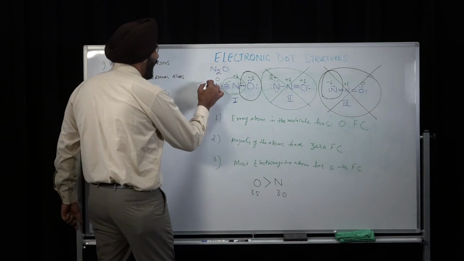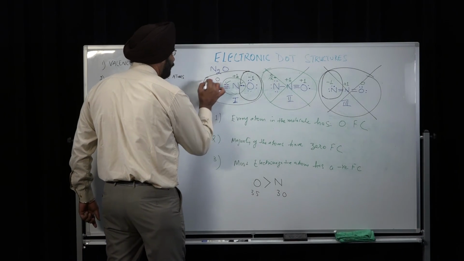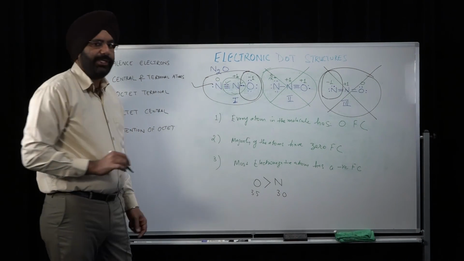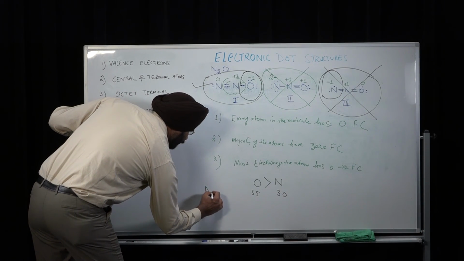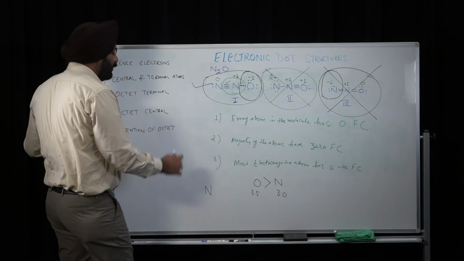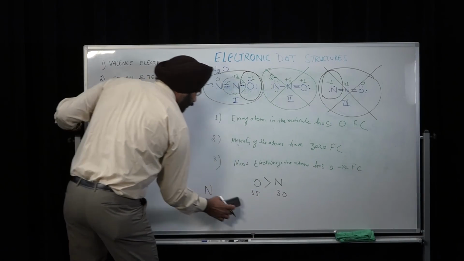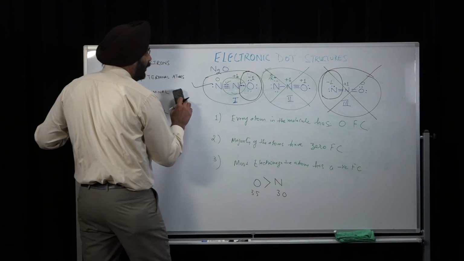That means N2O will have this electronic dot structure. So I'll redraw the electronic dot structure for nitrogen; in fact, I'll draw it at the top.